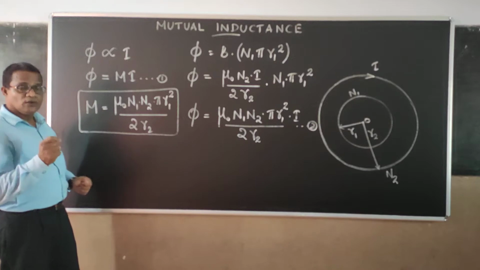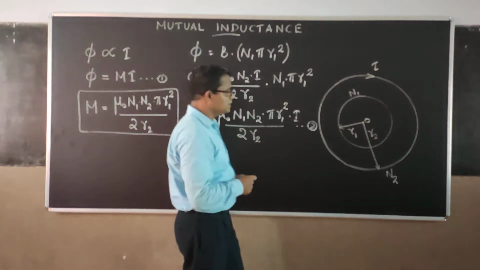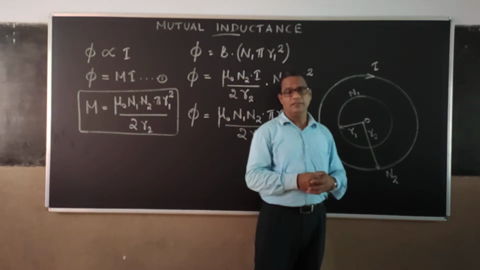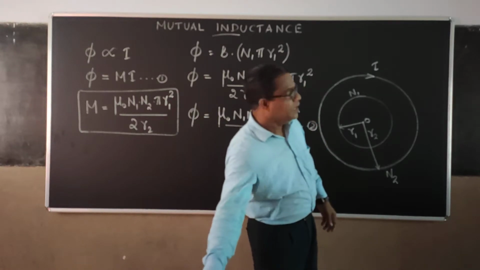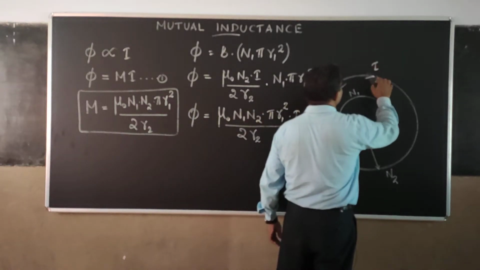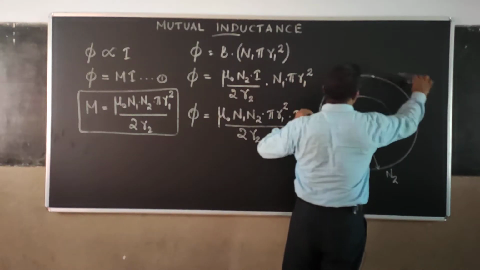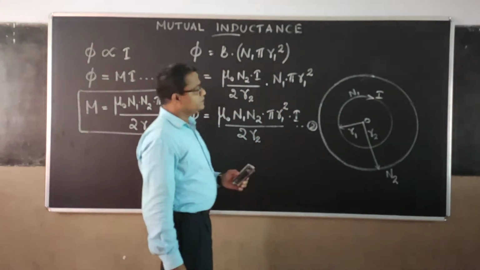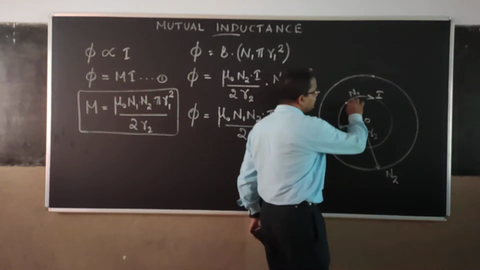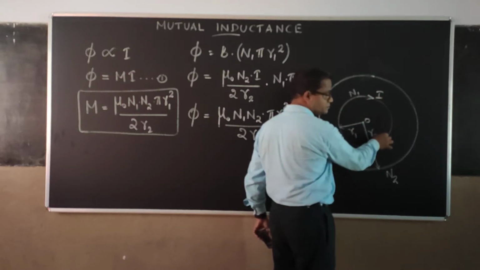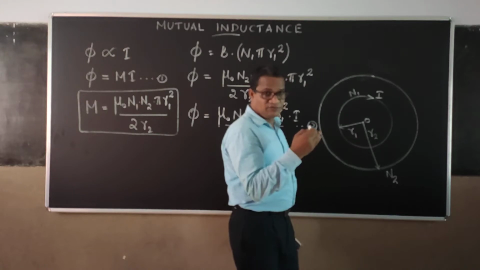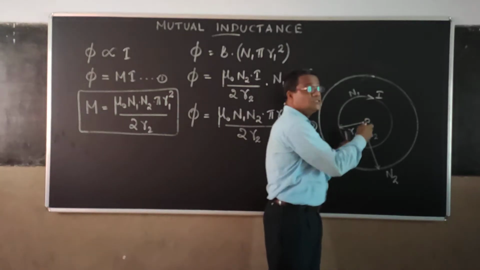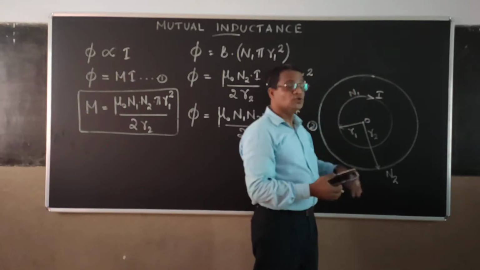Now, there is a special case. Suppose the current is flowing through the inner coil, then what will be the case? If you assume that the current I is flowing through the inner coil, there will be a magnetic field produced inside this coil, and in that magnetic field, a part of the area of the outer coil is now coming into that field.